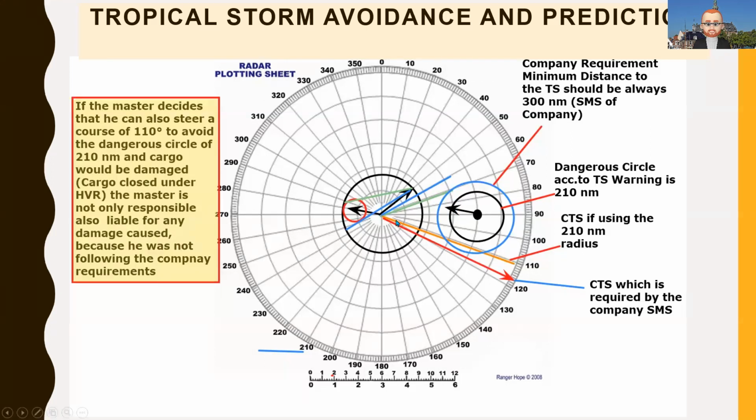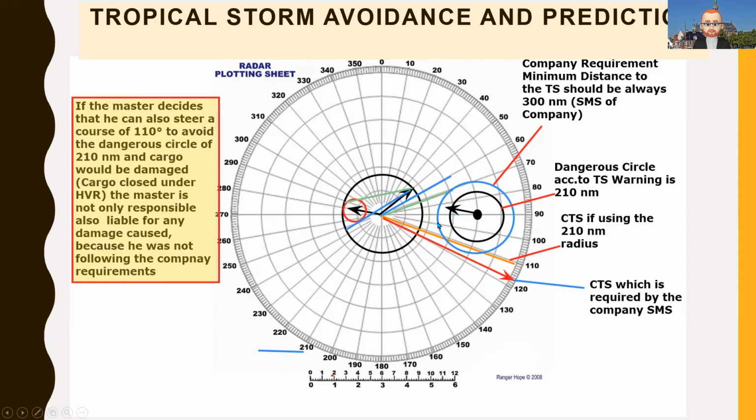Therefore, the decision to alter the course to 110 degrees is okay, because then I'm out of this dangerous circle, and I have clear about 210, 220 nautical miles off the center of the tropical storm. But the master should always check the company SMS if there are any special requirements. In this case, the company requires a minimum distance to tropical storms of always 300 nautical miles.